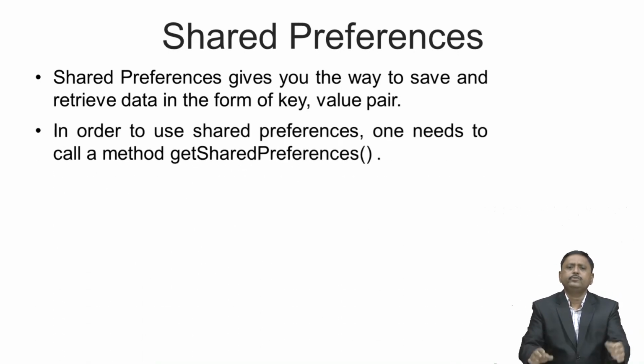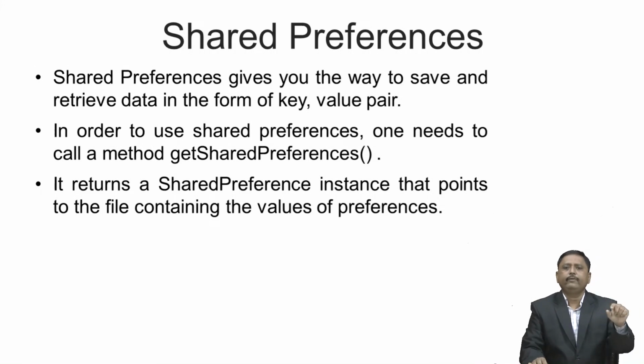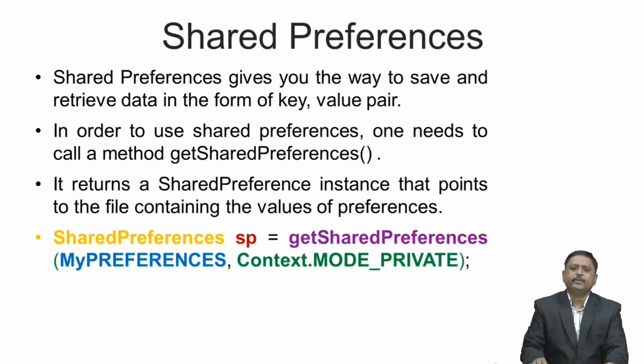In order to use SharedPreferences, one needs to call the method getSharedPreferences. It returns a SharedPreferences instance that points to the file containing the values of preferences, and once you retrieve these values you can perform appropriate operations. So here is the example.